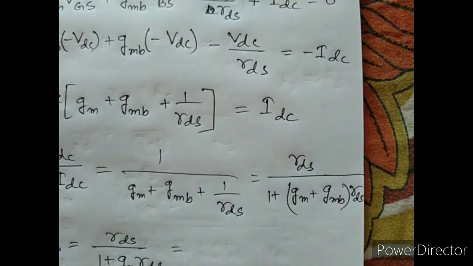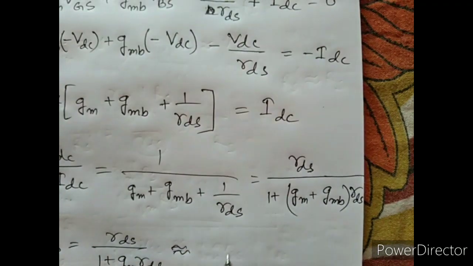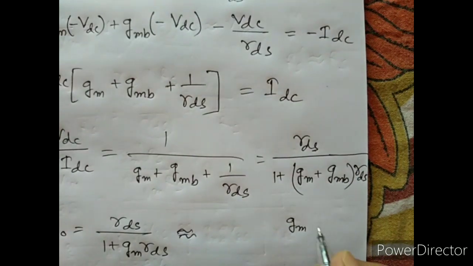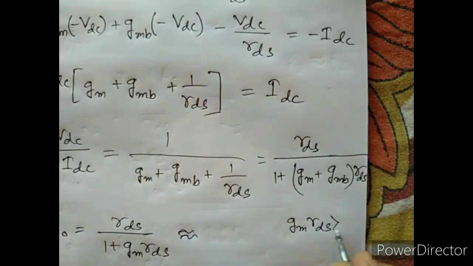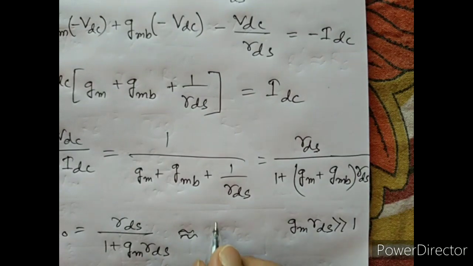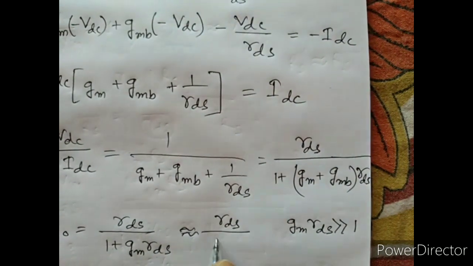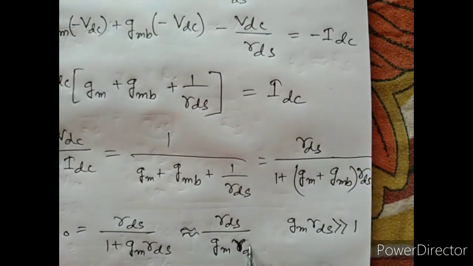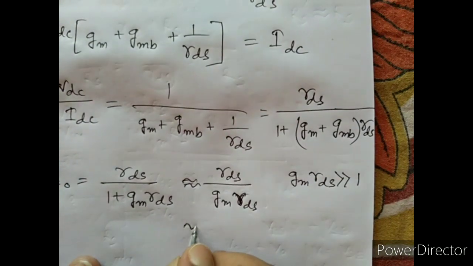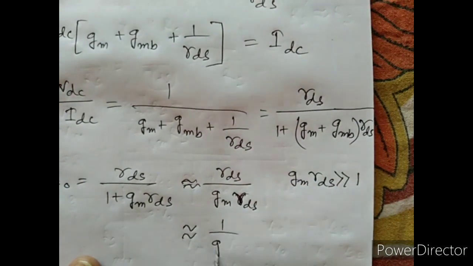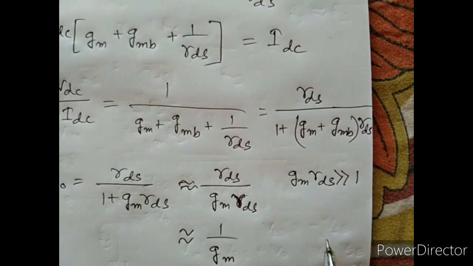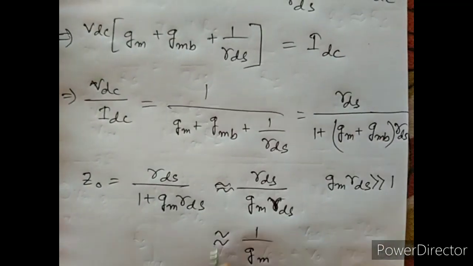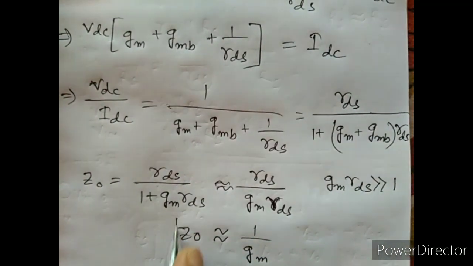Now finally if gm rds is very much greater than 1, then we can write rds by gm rds. Now that is equivalent to 1 by gm. Okay, thank you. So that is the output impedance Z0.